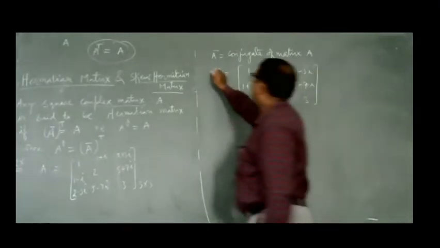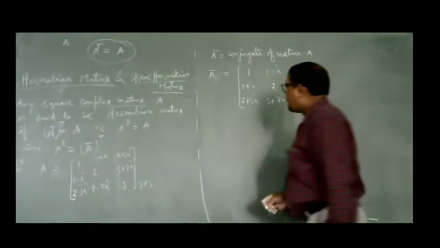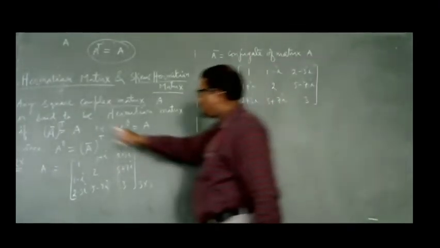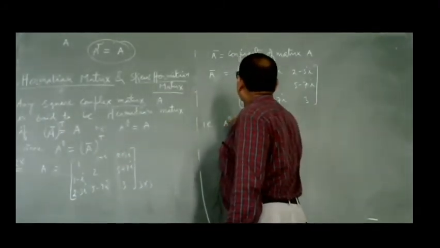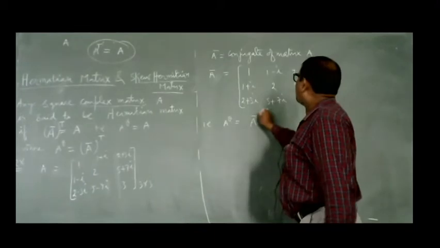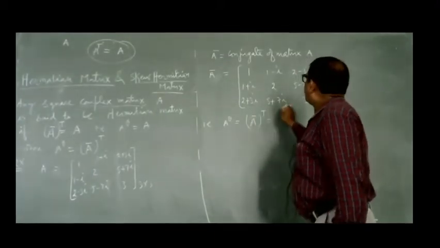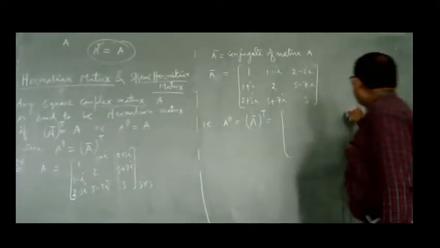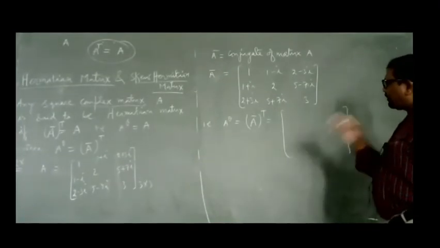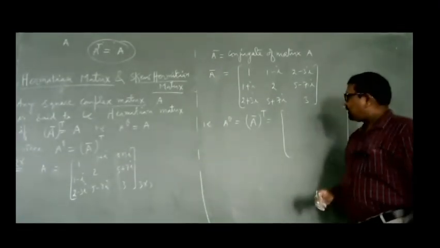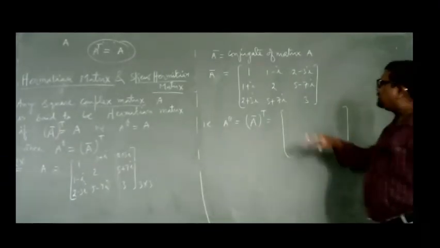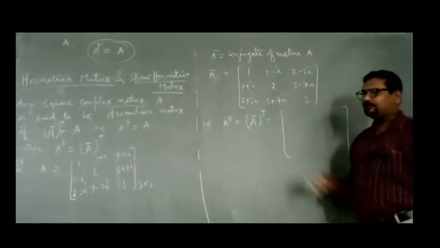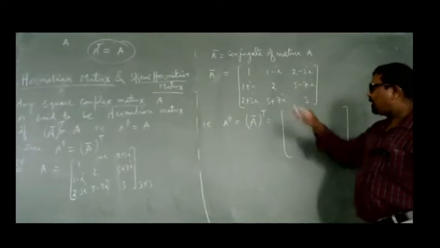This is A conjugate. Let me find the transpose of this matrix. That is A to the power theta, which is nothing but A conjugate transpose. What is transpose of A conjugate? Transpose of a matrix, I told you earlier, is the matrix obtained by interchanging the rows and columns.